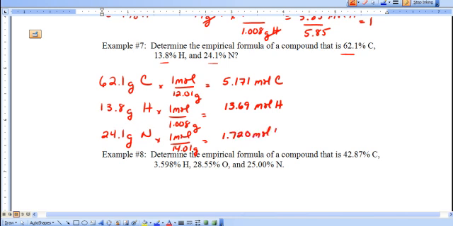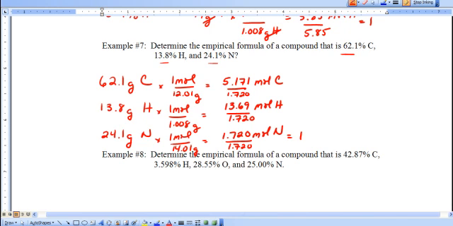Now, to find the lowest whole number mole ratio, we're going to divide through by the lowest value, so we're going to divide them through by the 1.720 since that is the lowest one. This will be a 1.